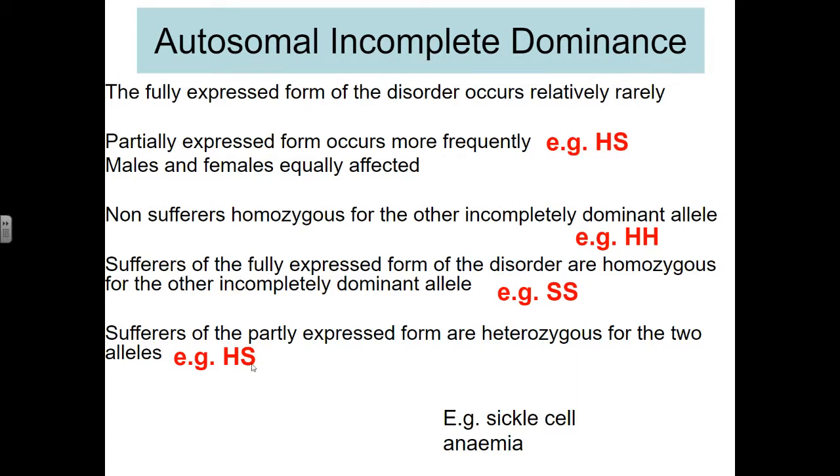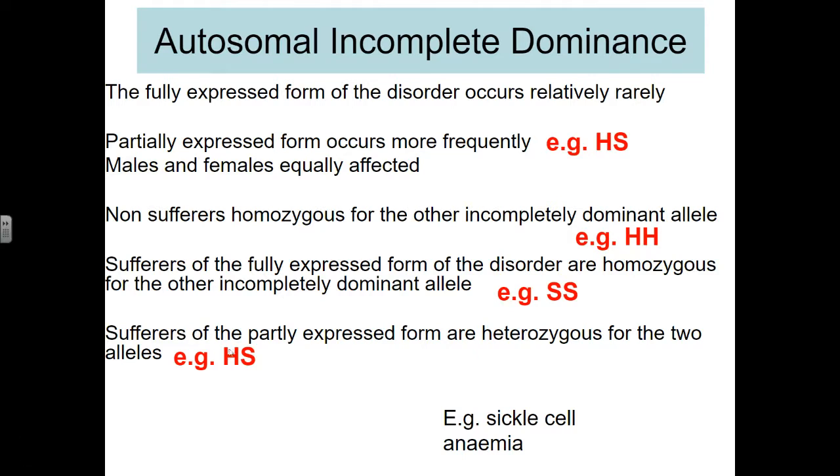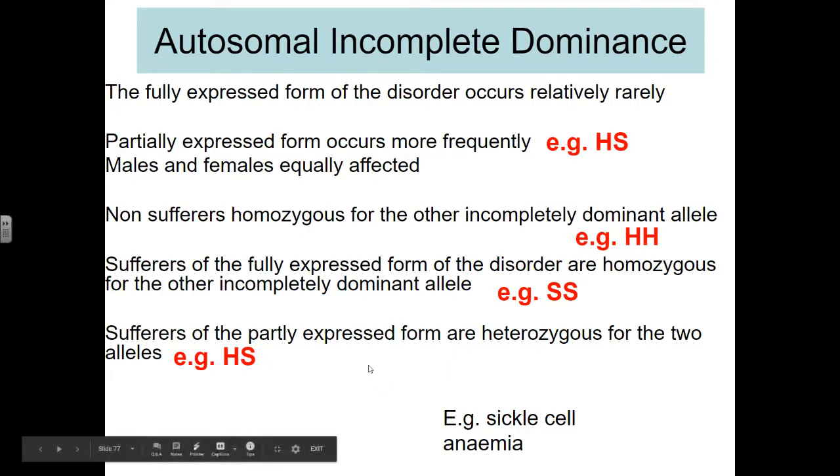Capital H, capital S, which is called sickle cell trait rather than sickle cell anemia. The red blood cells are oddly shaped, so it's difficult for the person to get malaria because the plasmodium can't get in, but they also don't have sickle cell anemia. So that is the best of both conditions.